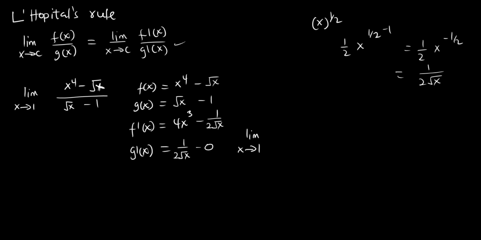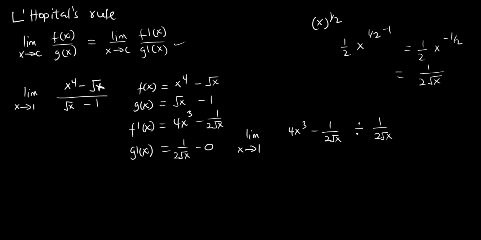And you know f prime of x to be 4x cubed minus 1 over 2 root x, divided by g prime of x, which in this case is 1 over 2 root x. So this is what we have now.